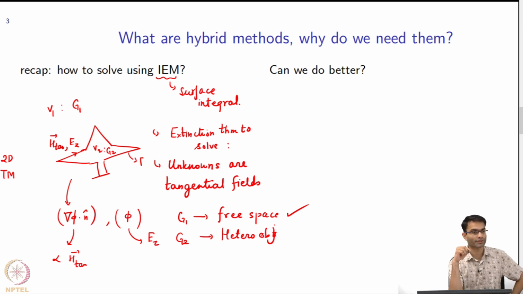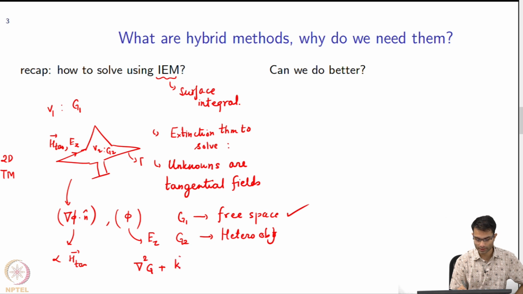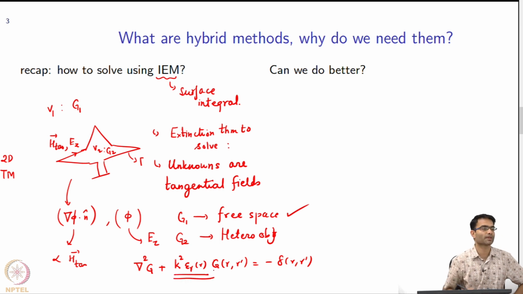There your differential equation, if you remember, is del squared g plus k squared epsilon r g of r, r prime equals minus delta of r minus r prime. This being a function of space, even if you discretize it, you can definitely not get an analytical expression for this g. At best you can get numerical values for this. So if you want to use this approach, you will have to numerically calculate this g2 every time.